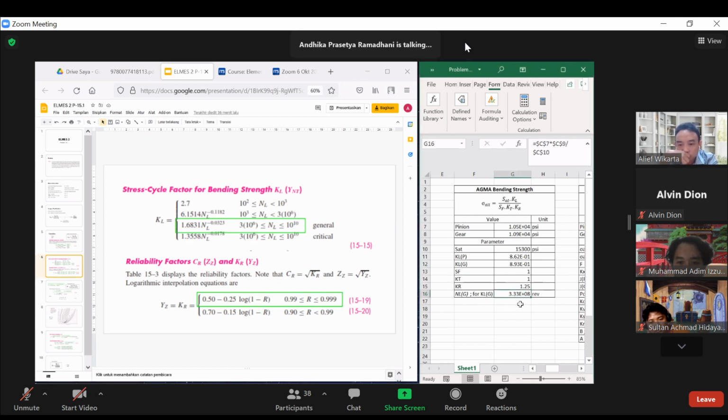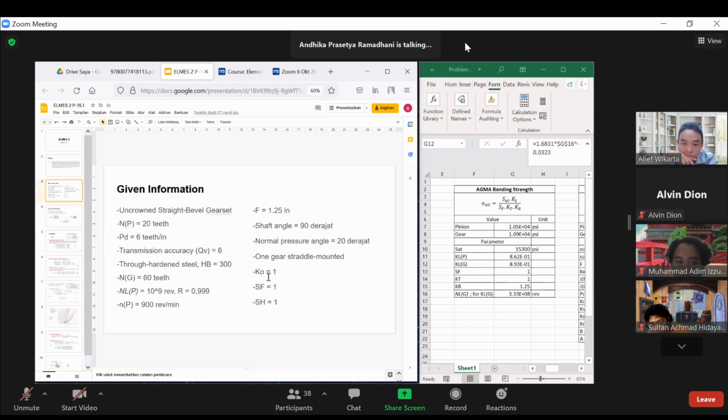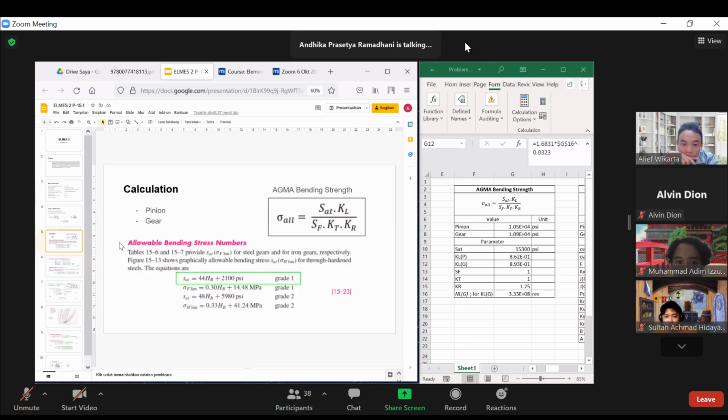I get the value here, and because the value is in the same range, I use the same formulation too. And then for SF, we already know the value is 1. For KT, I assume it is 1 because there is no information about it.